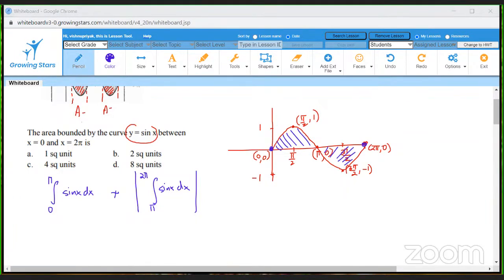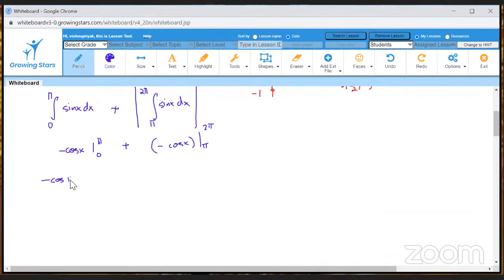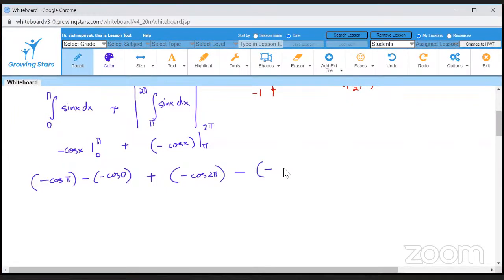Okay. Now, sin x integral is minus cos x from 0 to pi. Plus, here also sin x integral is minus cos x from pi to 2 pi. So, first you will put pi: minus cos pi minus cos 0, plus minus cos 2 pi minus cos pi.